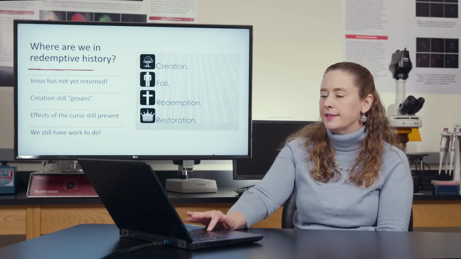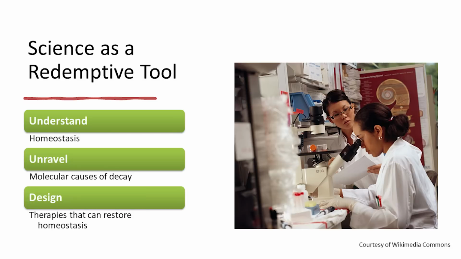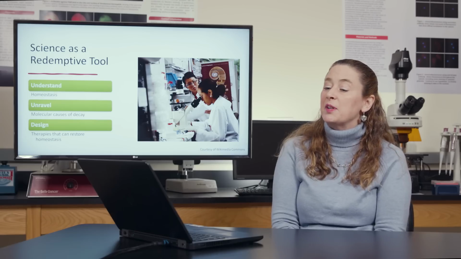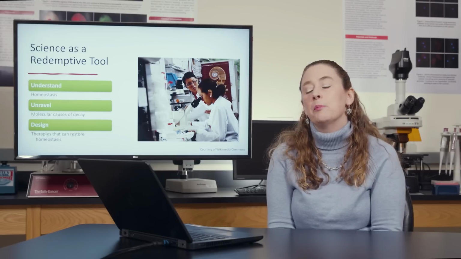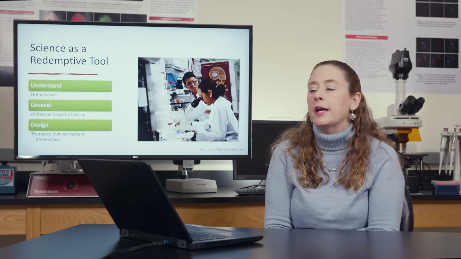This is where science can come into play. So one of the things that science allows us to do is take dominion over creation. And depending on what branch of science you're talking about, it does this in different ways. This is definitely how cellular and molecular biology would work.